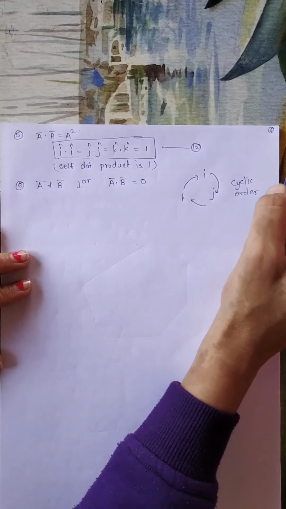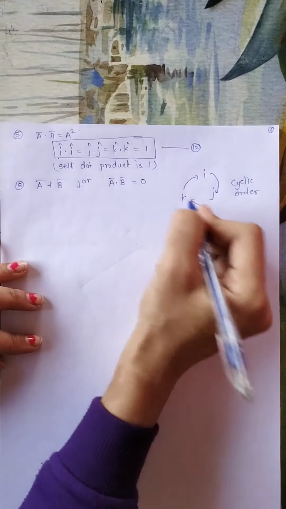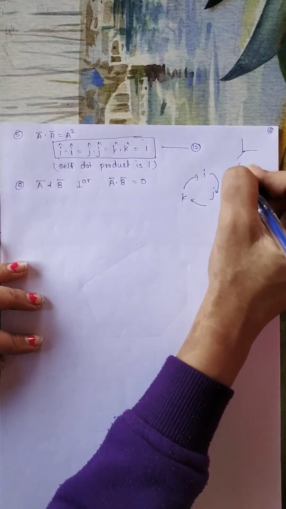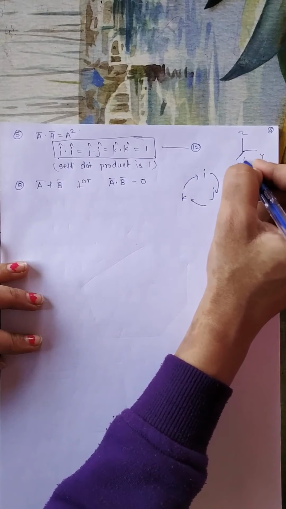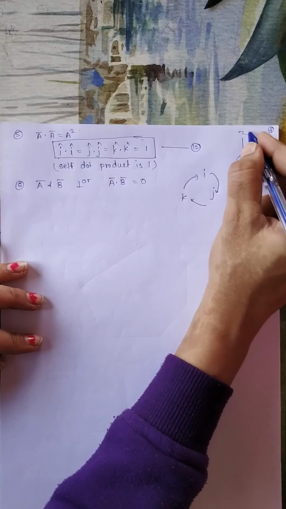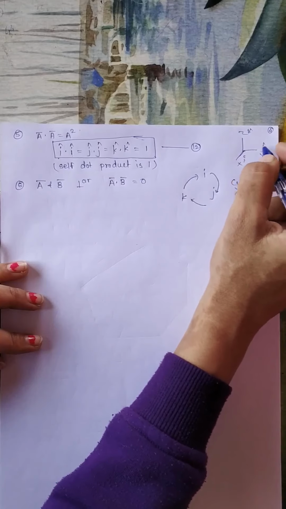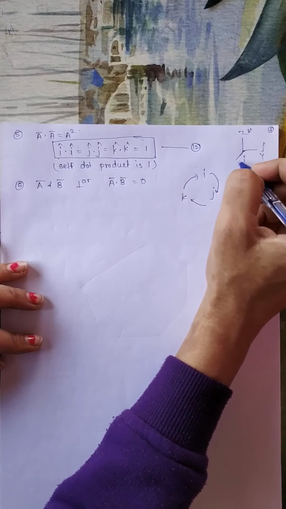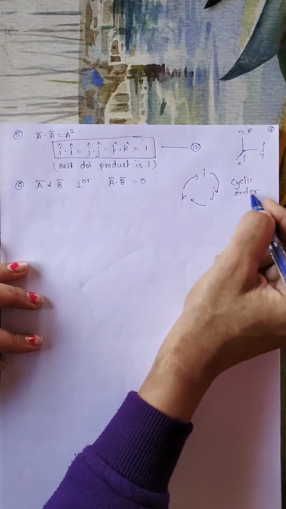Whenever these two vectors are perpendicular, so in our space, this is x, y and z. That is, the unit vector along x will be I cap, here j cap and here k cap. So I is perpendicular to j, j perpendicular to k, and k will again be perpendicular to I. This is shown here, that is cyclic order.